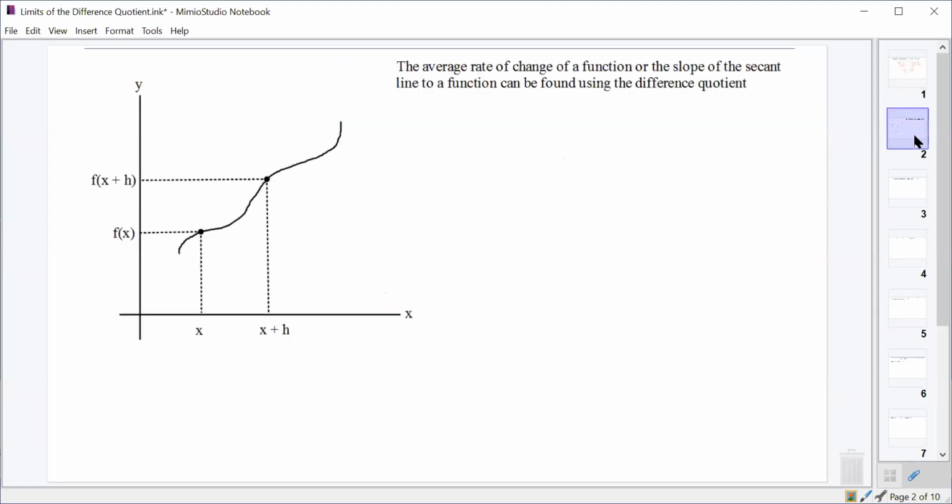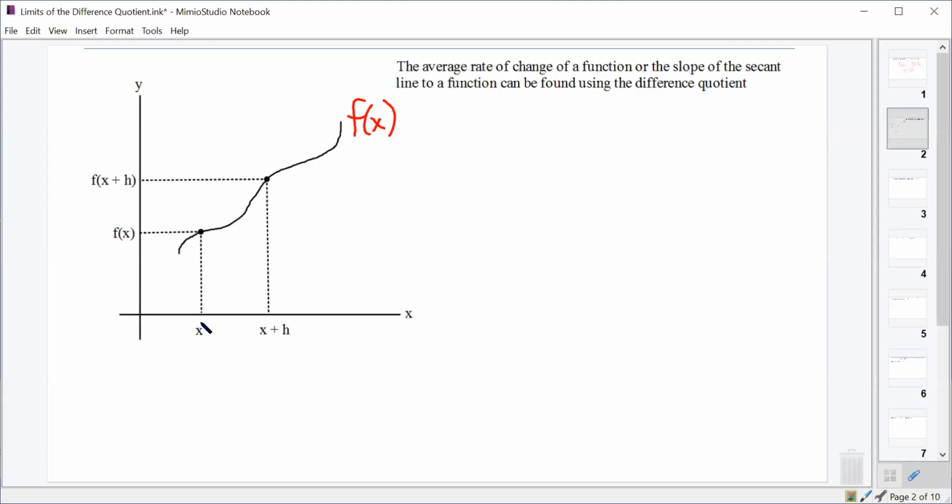So what we're first going to do is write a new generic slope formula, using any generic function. We'll call this function f of x. And we're going to go from some point x, f of x, to x plus h, f of x plus h.